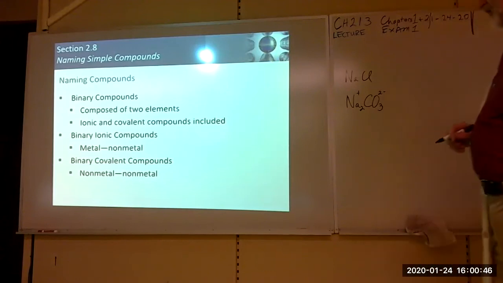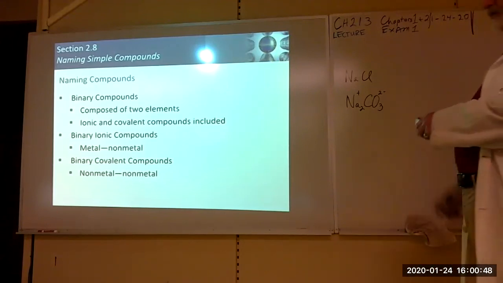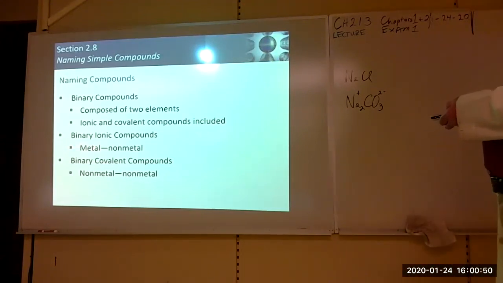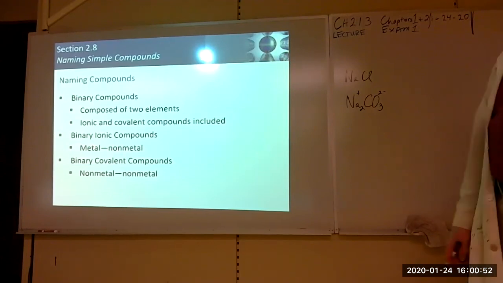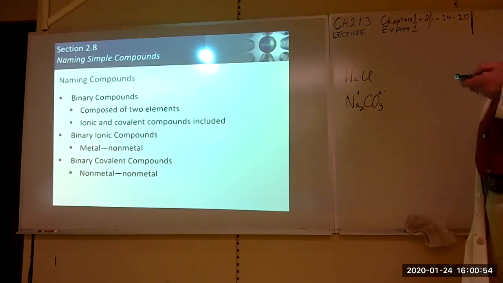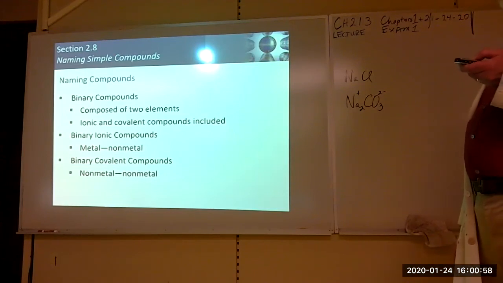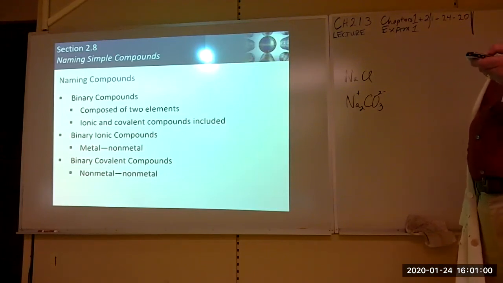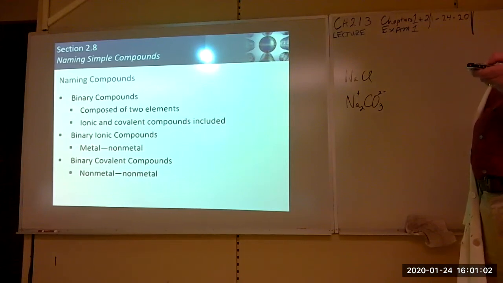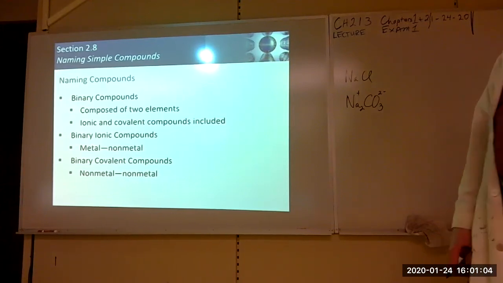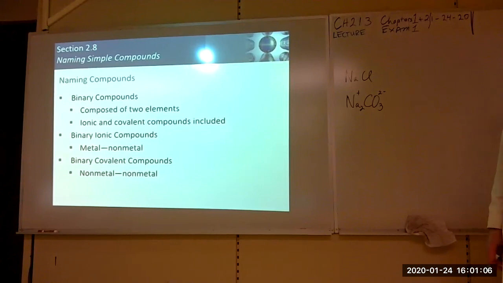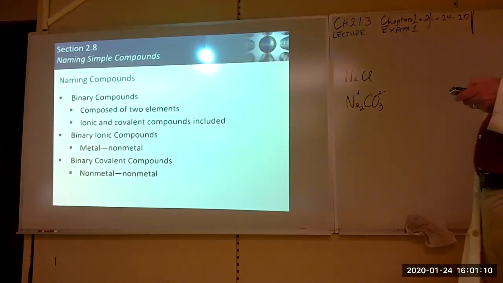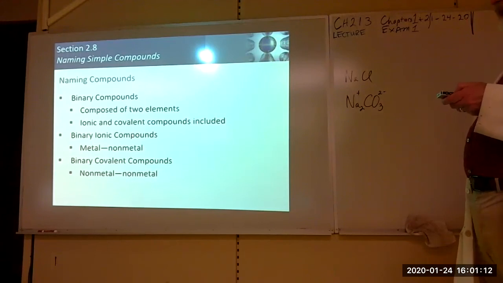Binary ionics. Typically, a metal and a non-metal will make a binary ionic. And the farther away they are, the more ionic the character. Like if your cation comes from here, your anion comes from there, that's definitely a strong ionic compound. If they come from the same side, both nonmetals, then you have a covalent compound.